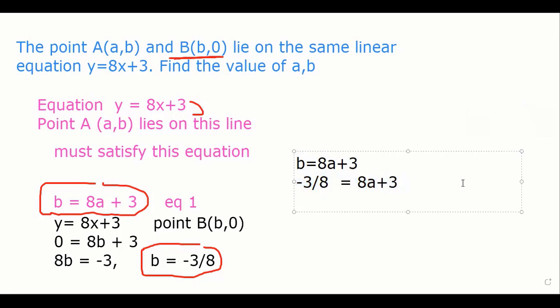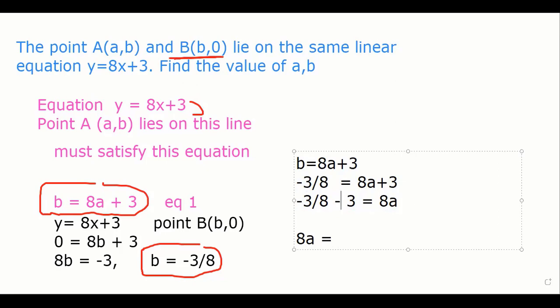What will happen? 3 will come to the right side, right? Minus 3 by 8 minus 3 is equal to A, or rather, to 8A. As of now, don't worry about calculation, guys, just worry about the method. So, minus 3 by 8 minus 3.